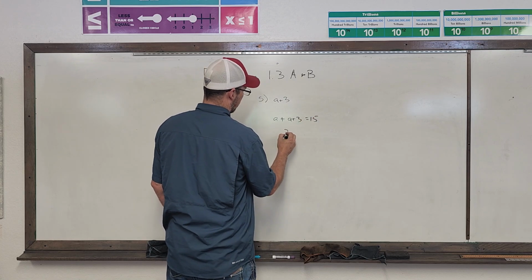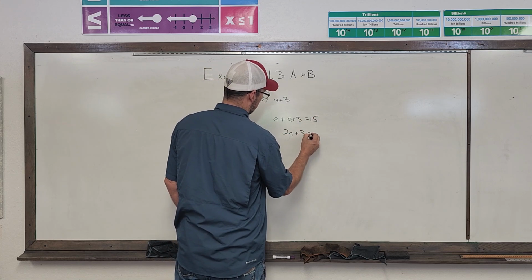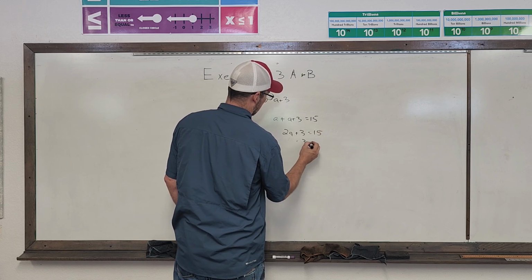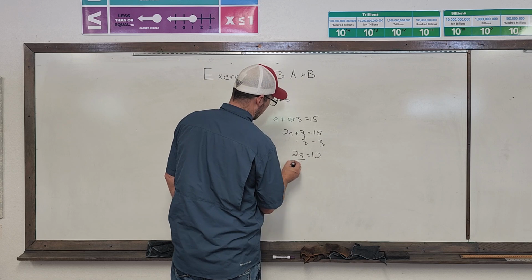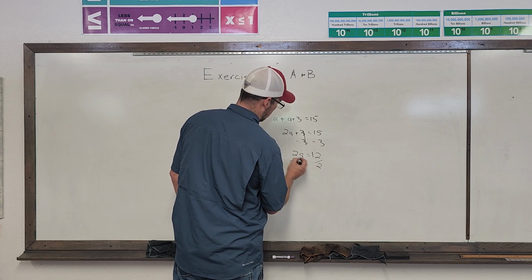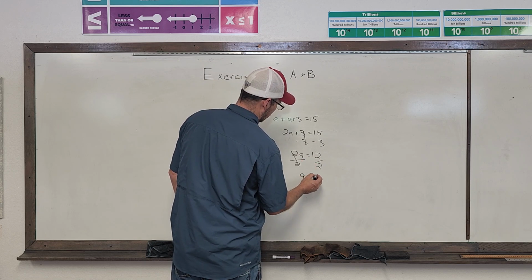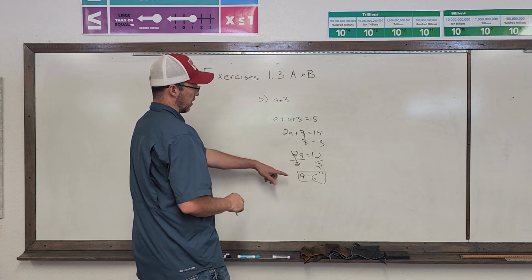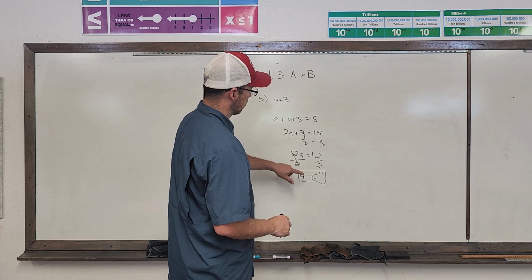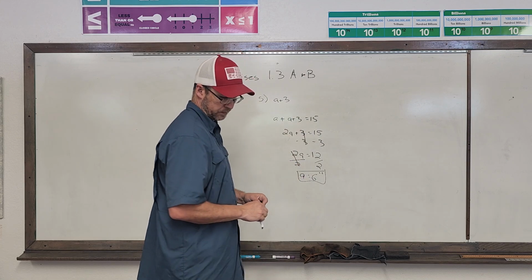A plus A is 2A plus 3 equals 15. Isolate my variable, I get 2A equals 12, so A equals 6 inches. If I add 3 to that, I get 9. 9 plus 6 equals 15.